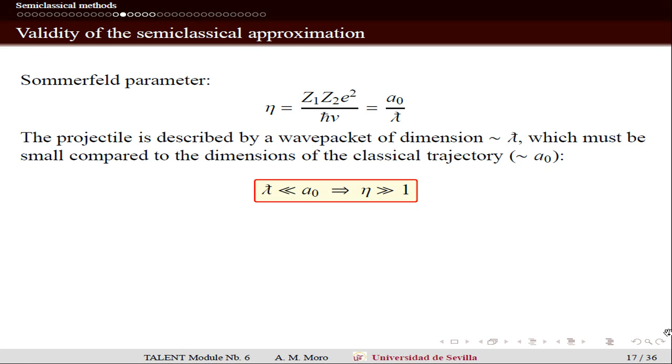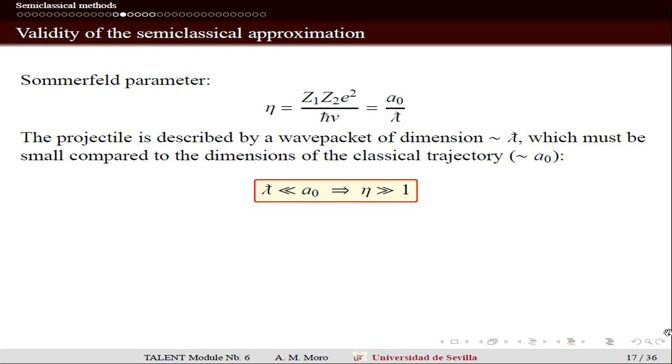Another interpretation is that if this lambda is small compared to this A naught, this means that there is a small penetration probability of the projectile in the region of the target. A naught, remember, is half of the distance of closest approach.